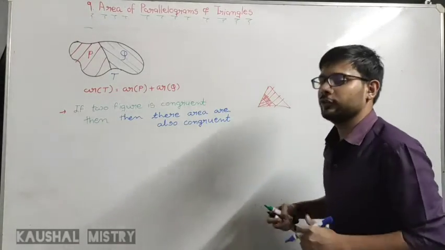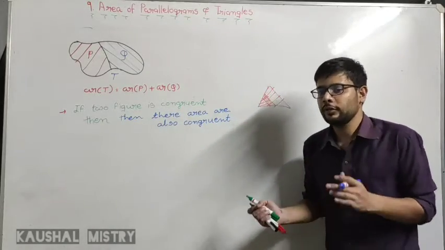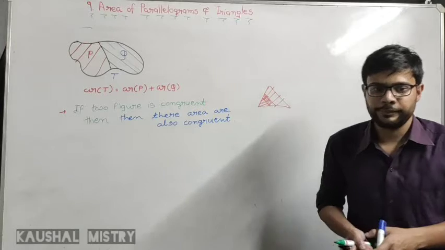So if two figures are congruent, then their areas are also congruent. This you have to remember. Okay.